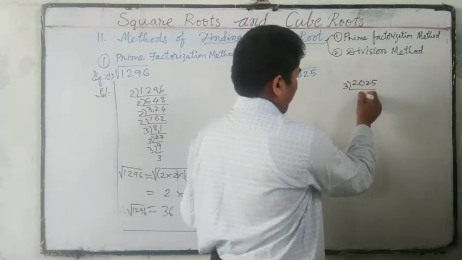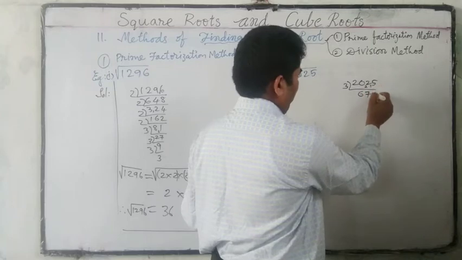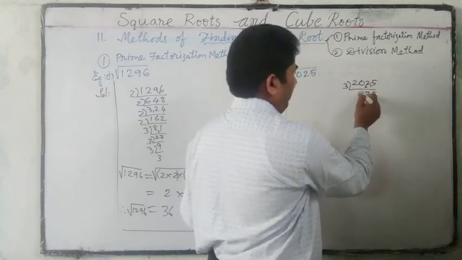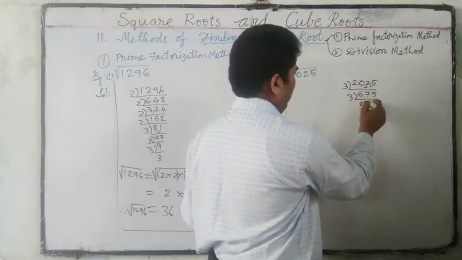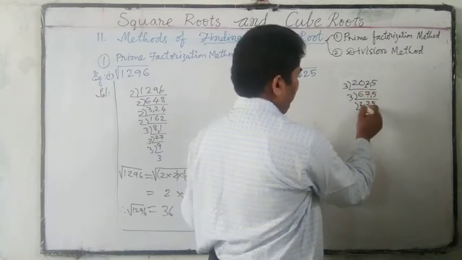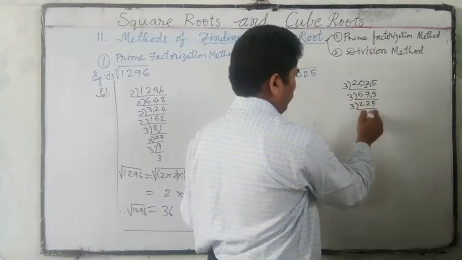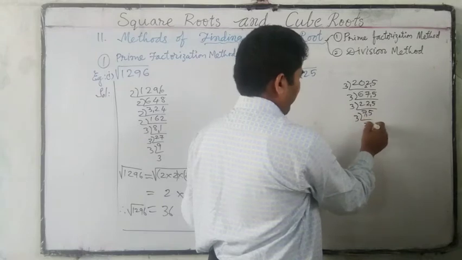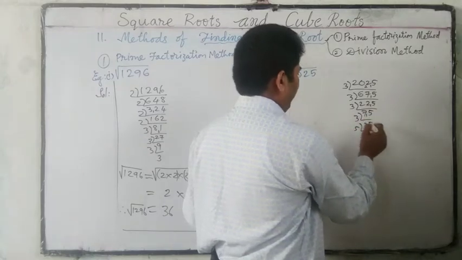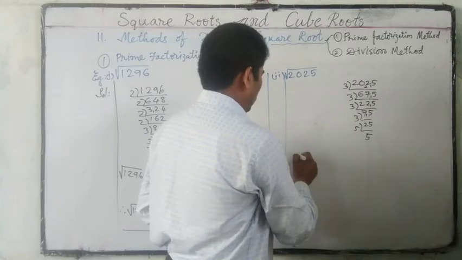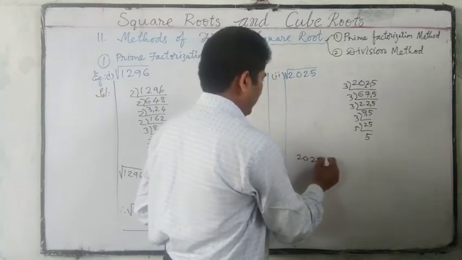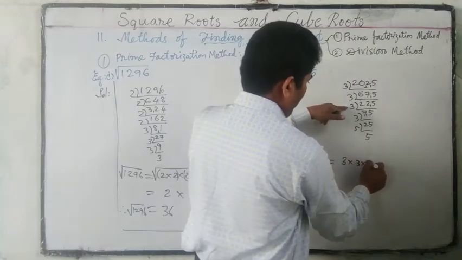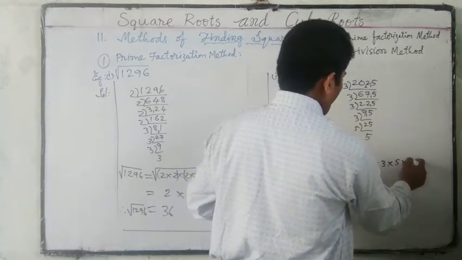Dividing again, it is also divisible by 3, and again by 3. So 2025 is equal to 3 into 3 into 3 into 3, 5 into 5.